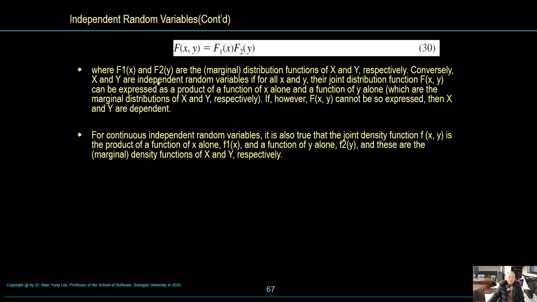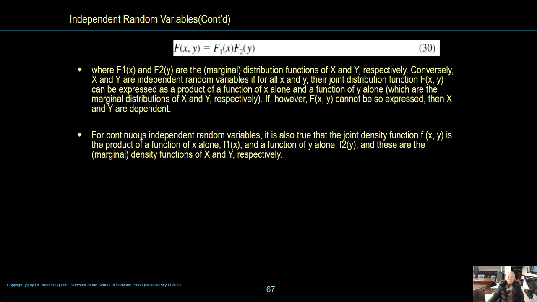Conversely, X and Y are independent random variables if for all x and y their joint distribution F(x,y) can be expressed as a product of a function of x alone and a function of y alone. If, however, F(x,y) cannot be so expressed, then X and Y are dependent.